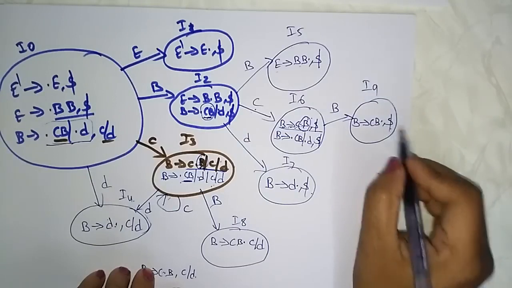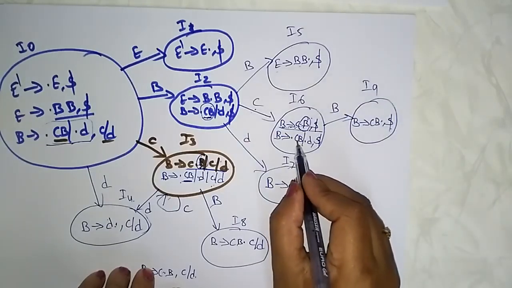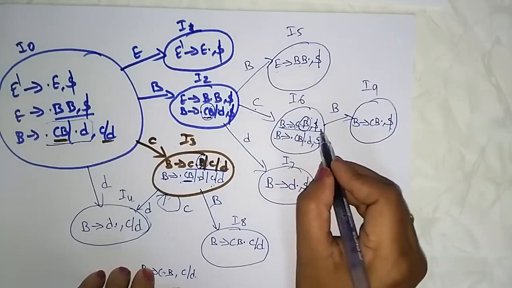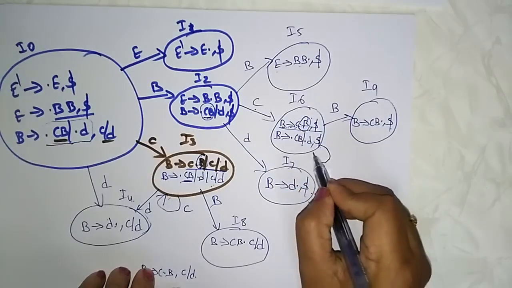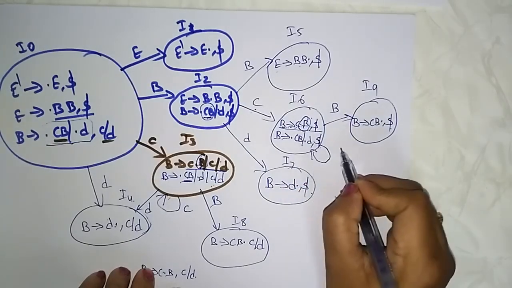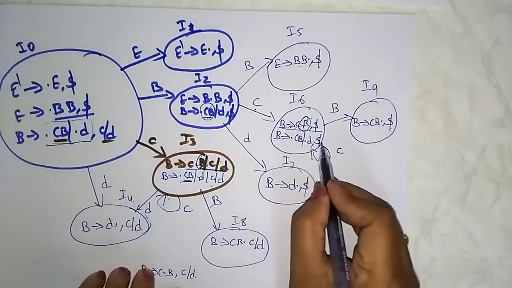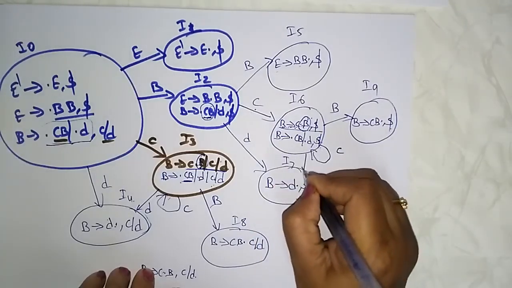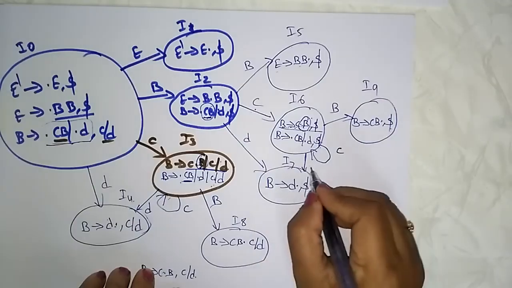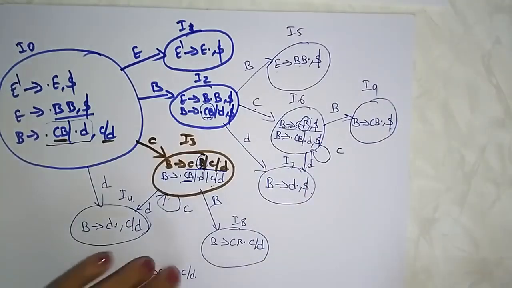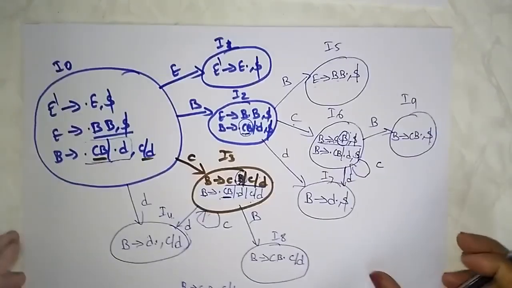After that nothing is there. On C you will get C dot B, comma, dollar. Again this will come, so just repeat it as small c. And for D, B determines D dot, comma, dollar, which is already present here. So this is the CLR1 diagram.